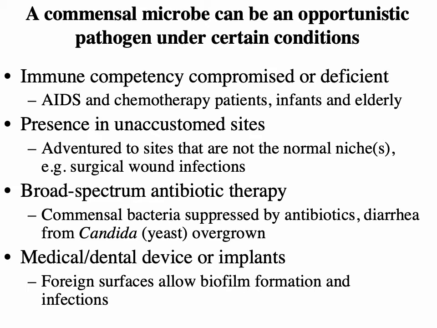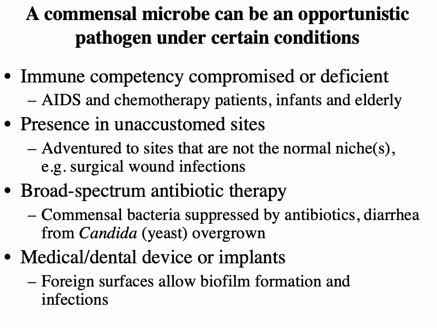But because of surgery, they can get introduced into the tissue, and then they start an infection. They call it surgical wound infection. So that's one of the other conditions of presence in an uncustomary site.